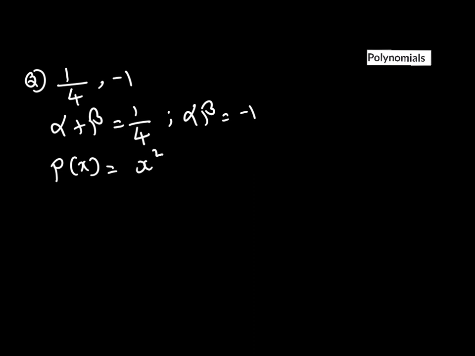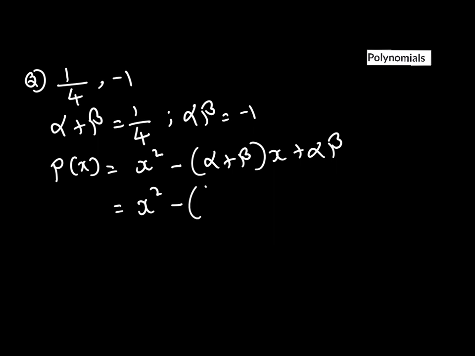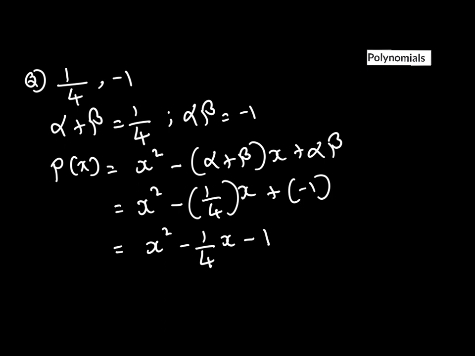It is going to be x squared minus (alpha plus beta) x plus alpha beta. So we can easily plug it in. x squared minus the sum of the zeros, 1 over 4, x plus the product of the zeros, negative 1. So if we write it down without brackets, it's going to be x squared minus 1 over 4 x minus 1.